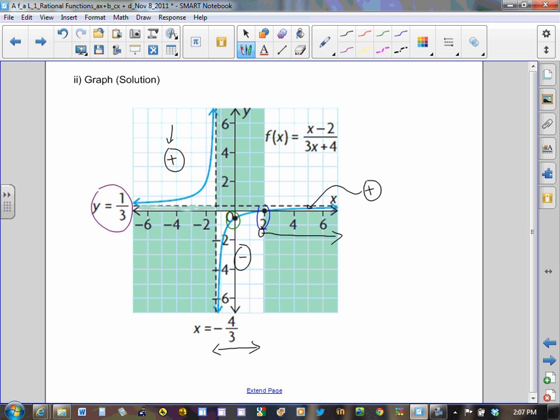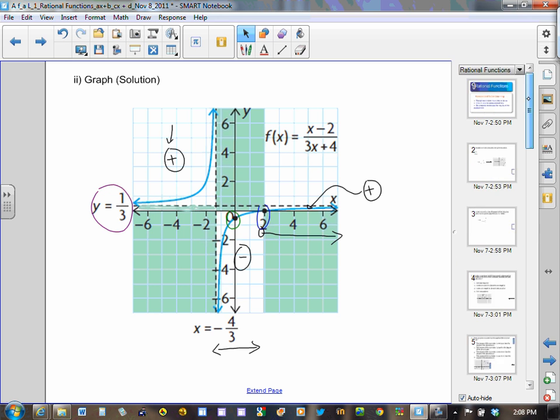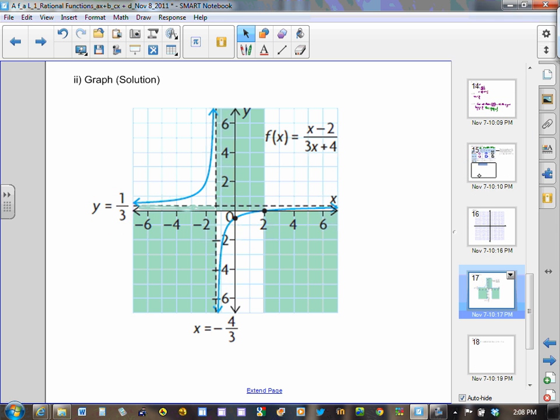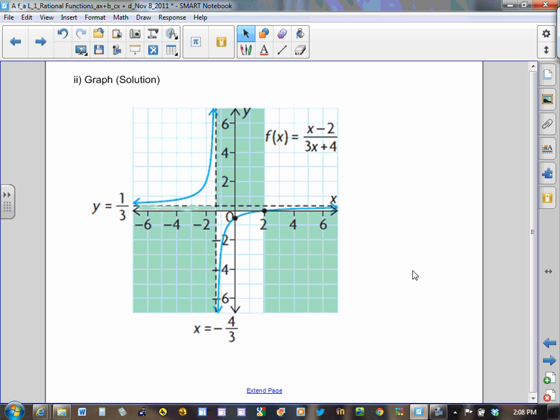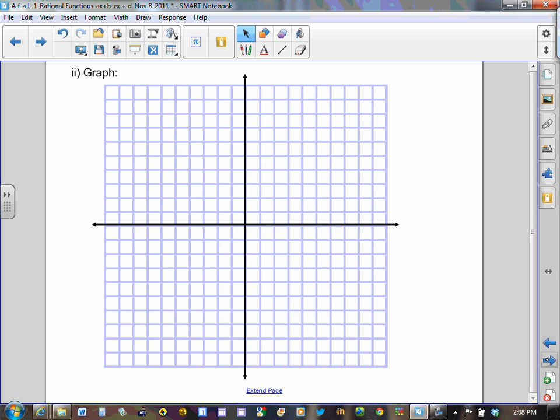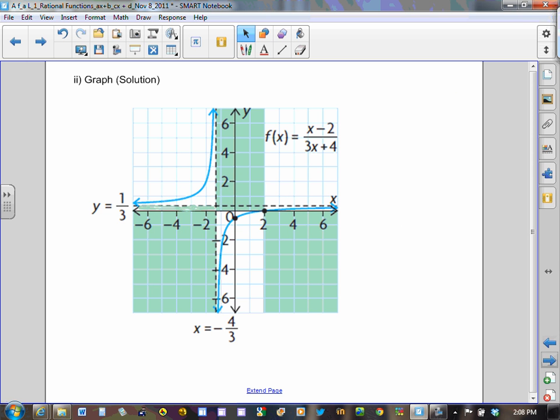So I'm just going to clear the ink from this slide to demonstrate another way that you can complete the graphing. Let's clear ink. What you can do is once you've determined this information regarding your intervals, another way to tackle the problem is to highlight the areas where you would not expect to see the function.